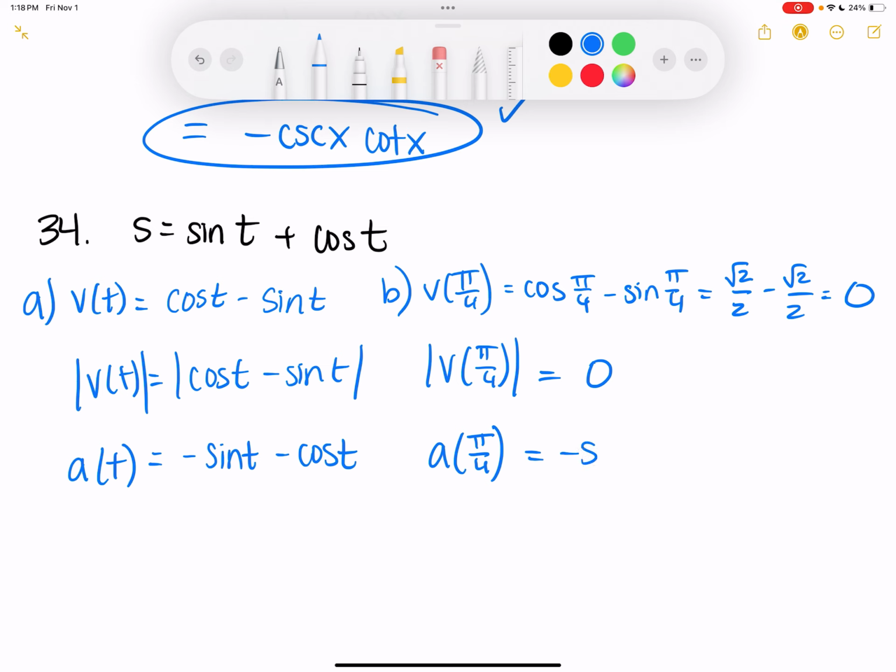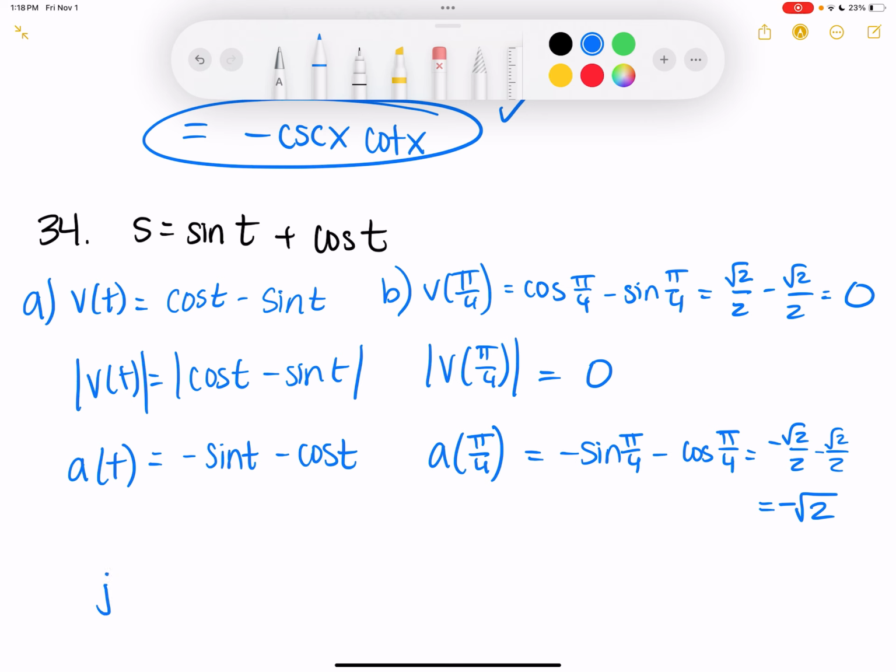So negative sine of pi over 4 minus cosine of pi over 4 would be negative root 2 over 2 minus root 2 over 2, which is negative 2 root 2 over 2, which reduces to negative root 2.